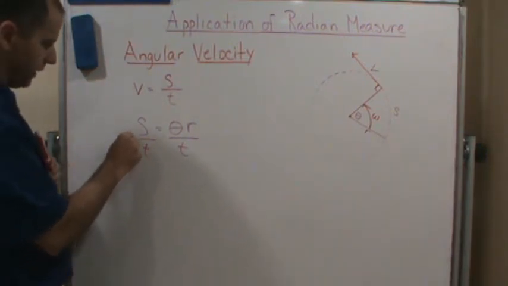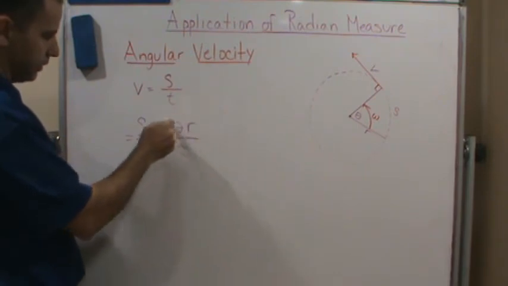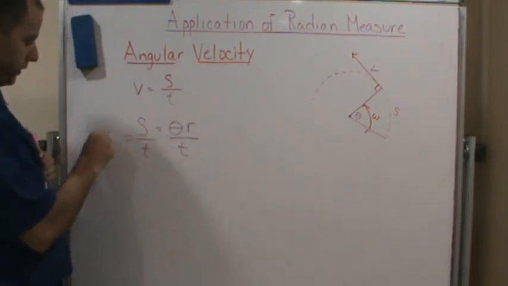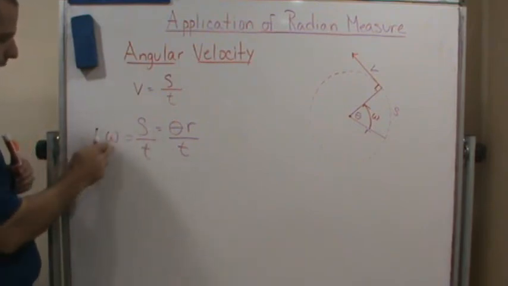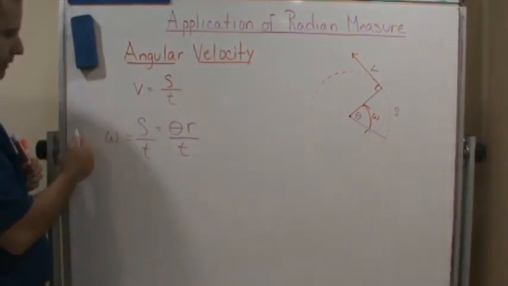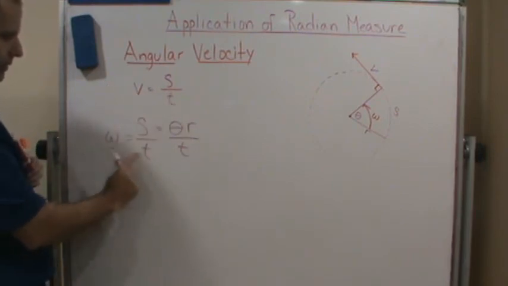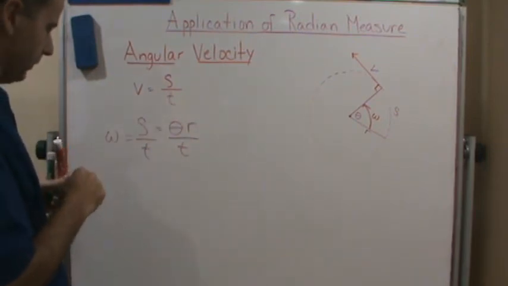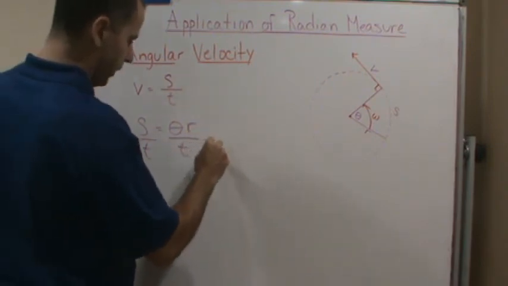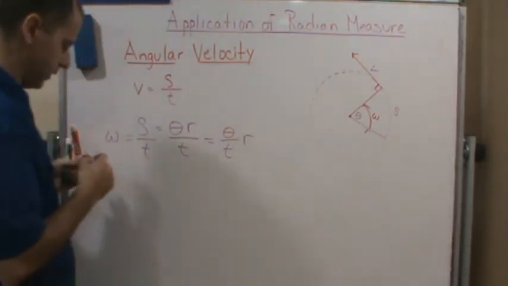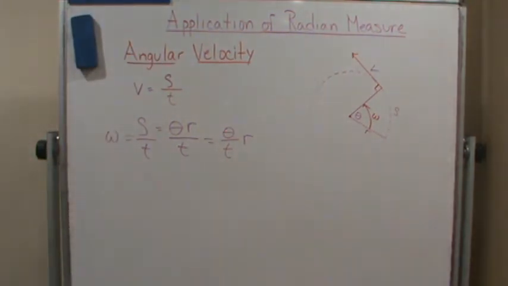Because now we're using angular distance, we're going to call this omega, and omega is going to represent angular velocity. So this is linear velocity, and this is angular velocity. We would rewrite this as theta over t times r if you want. And so that is the formula.